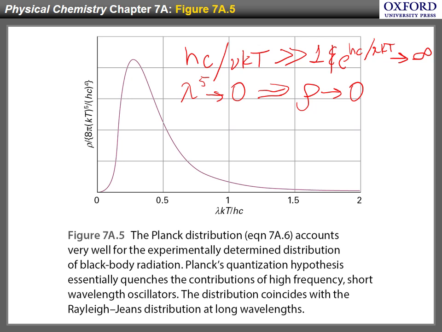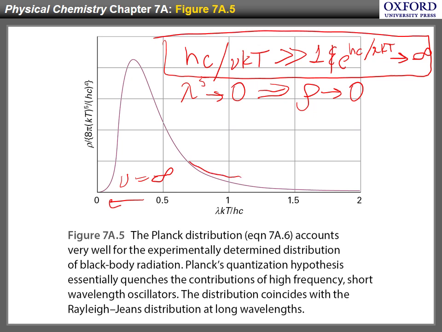And as lambda approaches 0, obviously, the frequency approaches infinity because of its inherent reciprocity. So this relationship basically calculates very well this observed curve. Now, for wavelengths that are longer, hc divided by lambda kT is much, much less than 1, right?